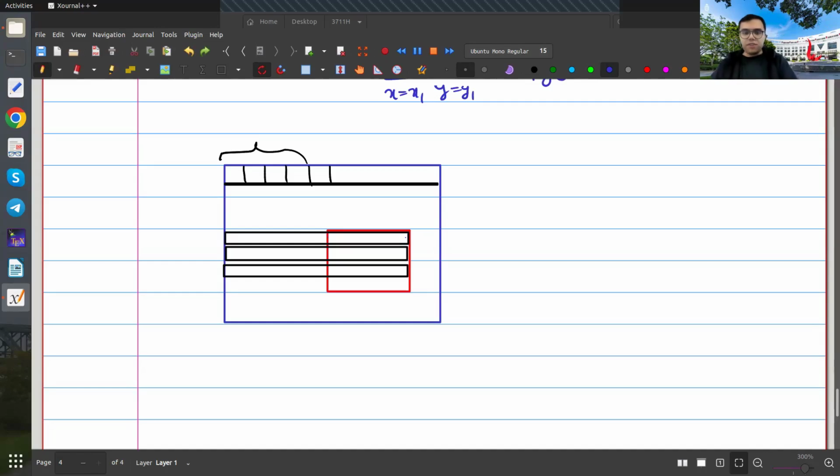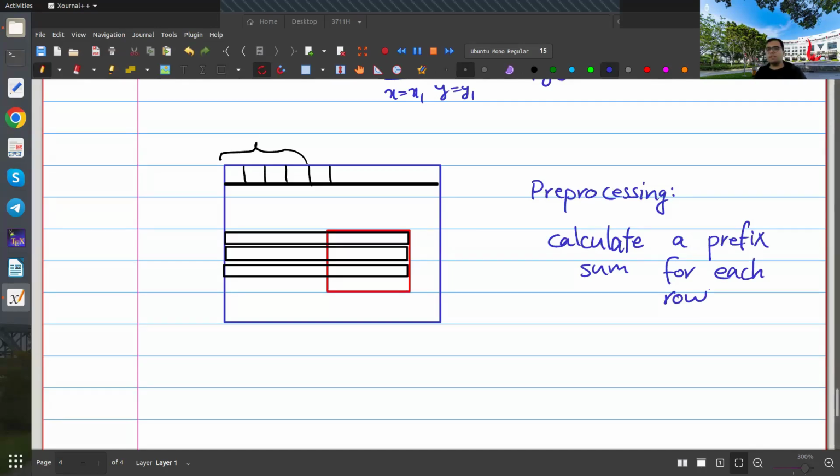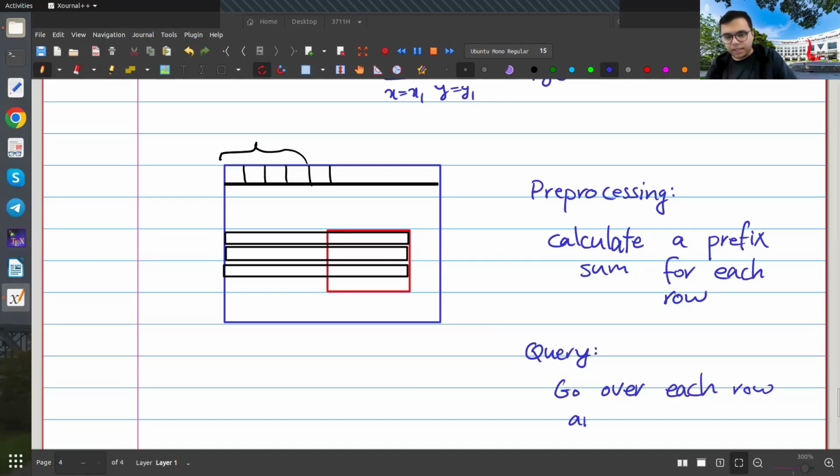Okay, so if I do this in my pre-processing, I'm going to basically calculate a prefix sum for each row. Now I'm saying each row, but I could also do it for each column. It doesn't really matter, it's symmetric, right? And then when I want to answer a query, I'm going to say go over each row and use the prefix sum.